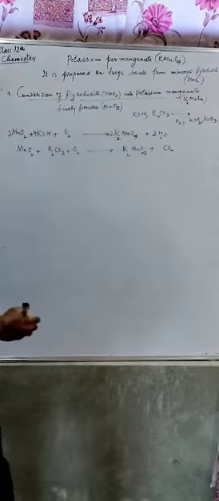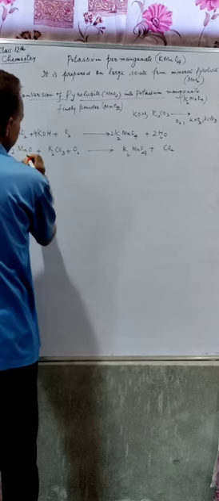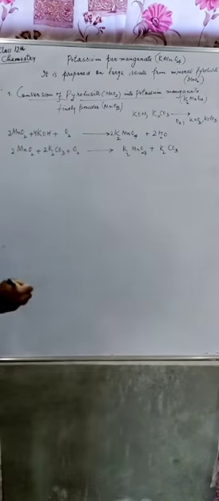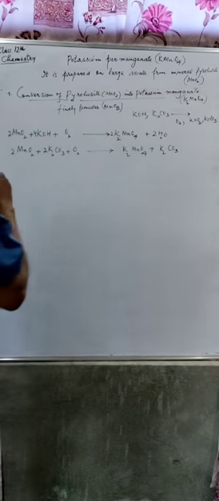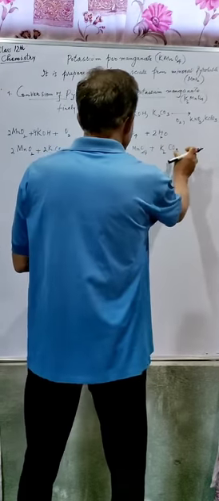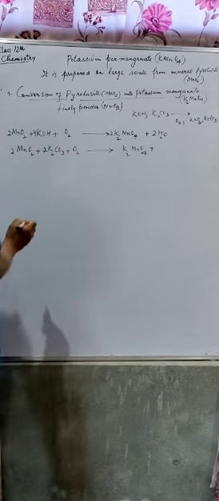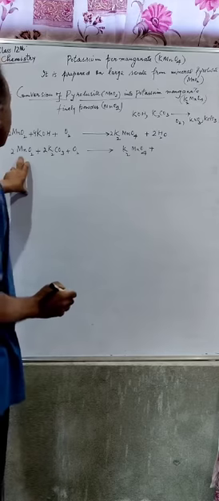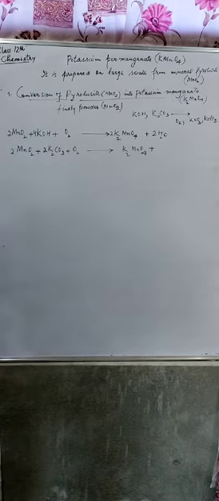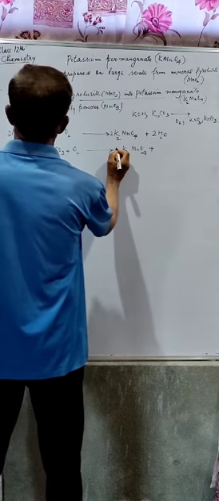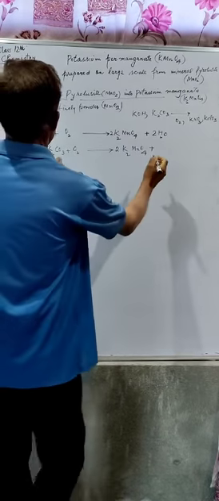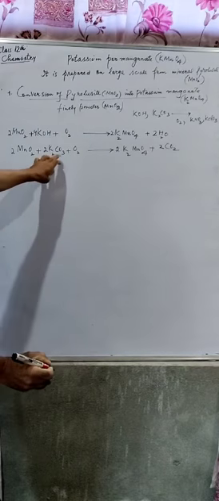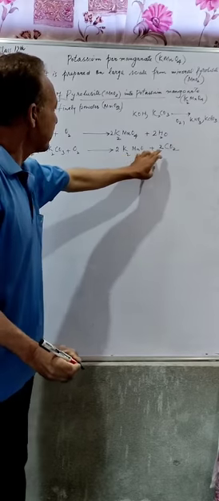The reaction is balanced by taking 2 and twice: 2MnO2 plus 2K2CO3 plus O2 gives 2K2MnO4, plus 2CO2, and the reaction is balanced again.